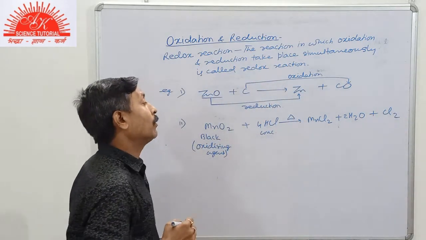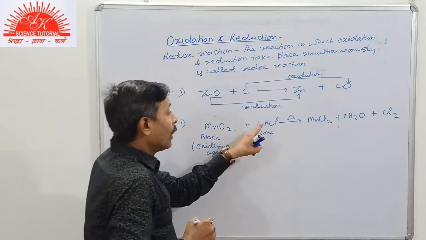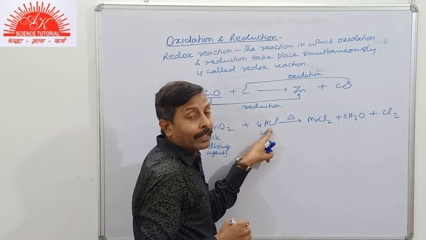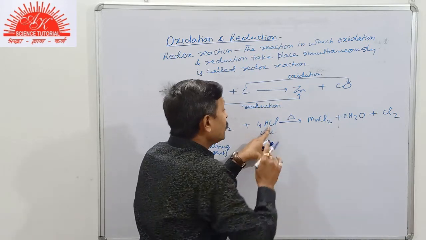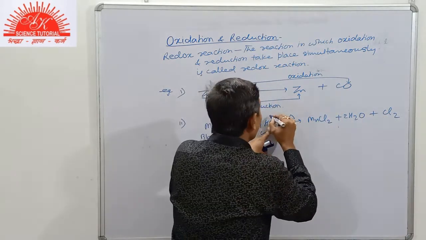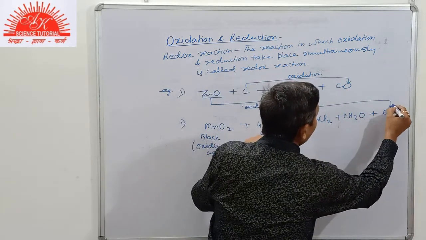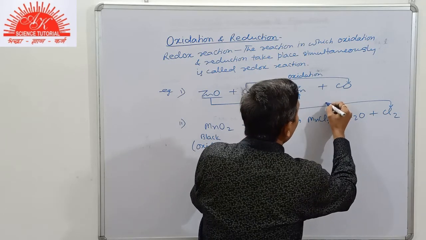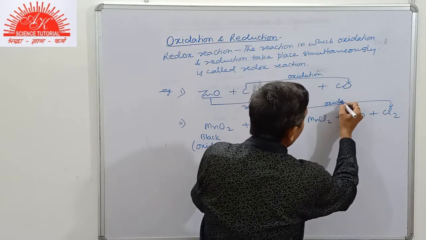Now you can see here, from hydrogen chloride, hydrogen is removed and chlorine is left behind. So from this part we see that hydrogen is removed, therefore this is oxidation.